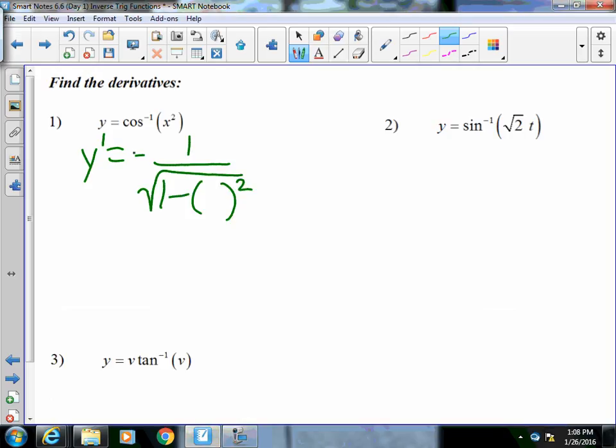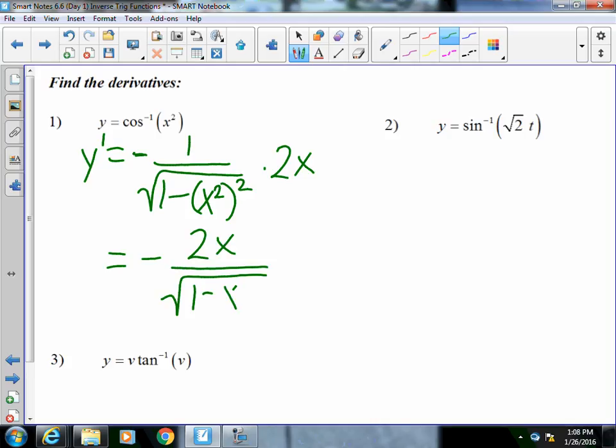And that's when we have an x in our inverse cosine. We don't have an x in our inverse cosine. We have an x squared. So we need to put an x squared, and then by chain rule, we need to multiply by its derivative of 2x. So our derivative is really negative 2x over the square root of 1 minus x to the 4th.